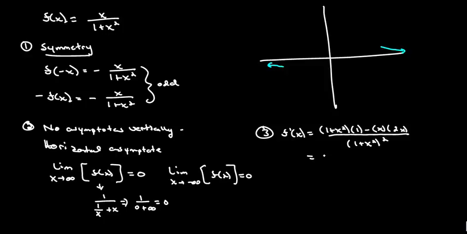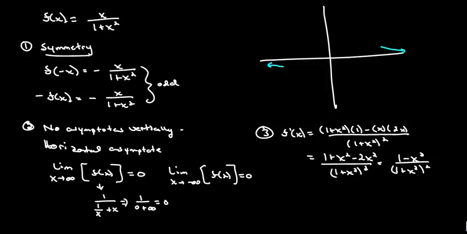So this will become 1 plus x squared minus 2x squared, over 1 plus x squared squared. And so this will become 1 minus x squared over 1 plus x squared squared, just like that.